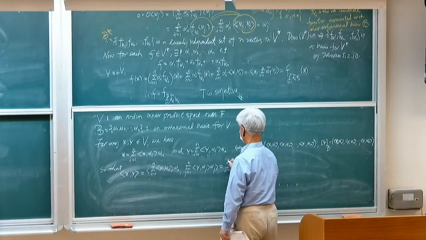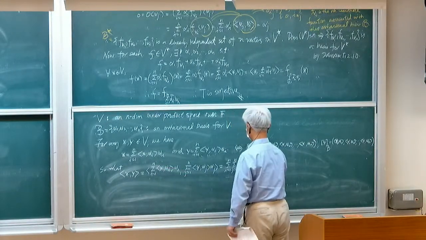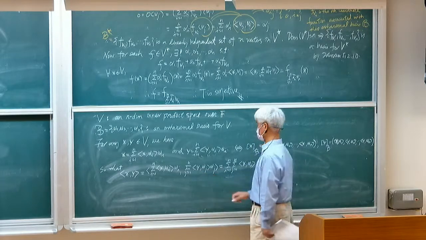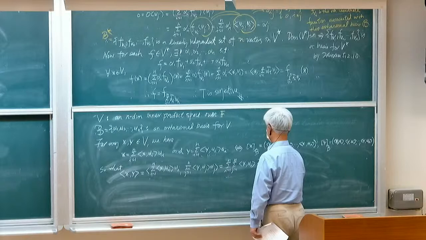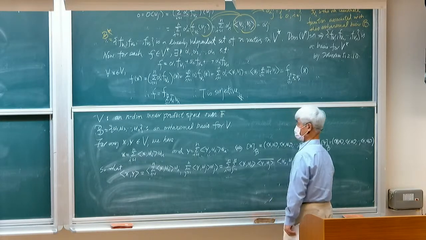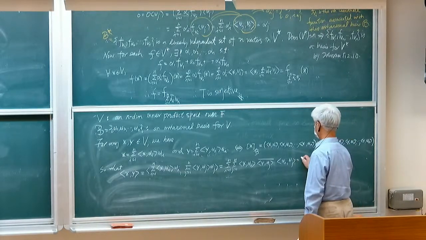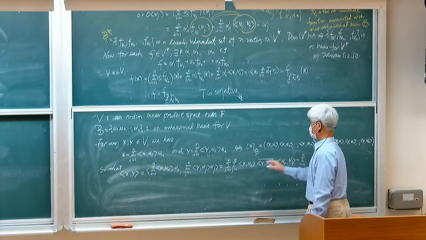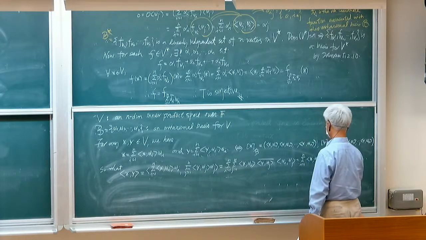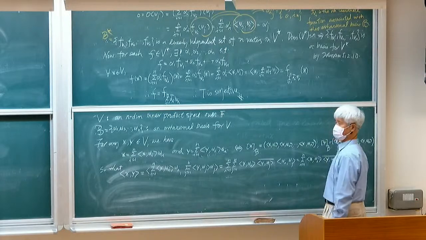The scalar comes out, but when the scalar in the second argument comes out, you have to take the complex conjugate, and you have <u_i, u_j>. Because the u_i and u_j are orthonormal to each other, this becomes just a single sum: x_i times the conjugate of y_i.